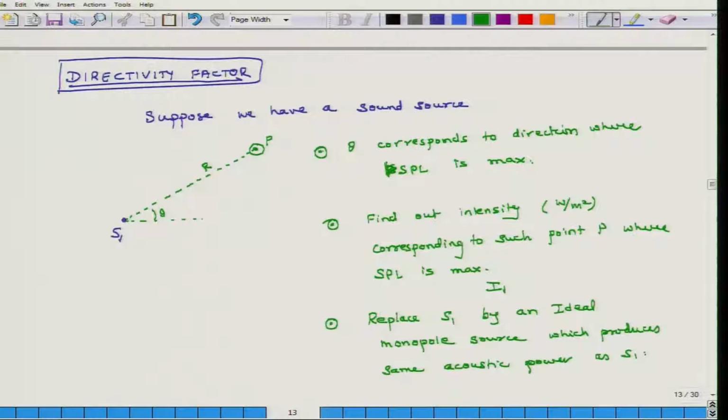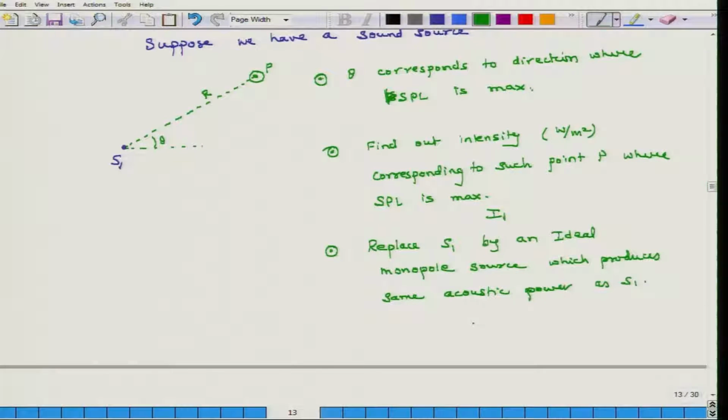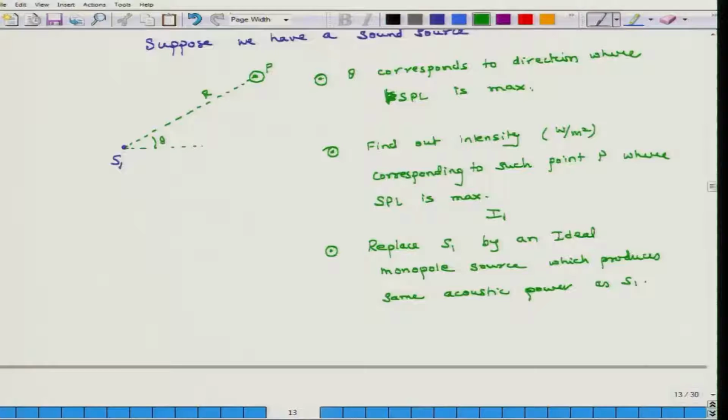You cannot just replace it with any monopole. Suppose the overall acoustic power emitted by S1 was n watts, you have to identify an acoustic source which emits n watts of power, but it has to be a monopole, spherically symmetric.